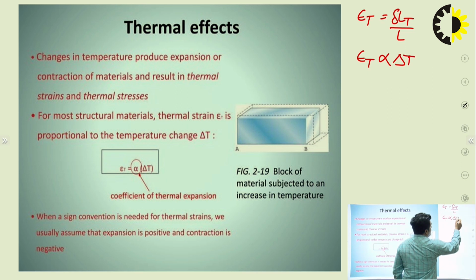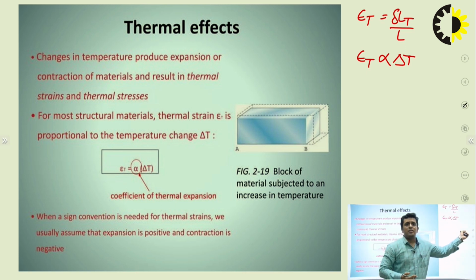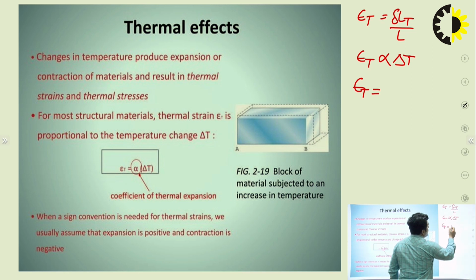If the change in temperature is delta T, then epsilon T is directly proportional to delta T. Then if I remove this proportionality sign, I write a proportionality constant known as alpha.